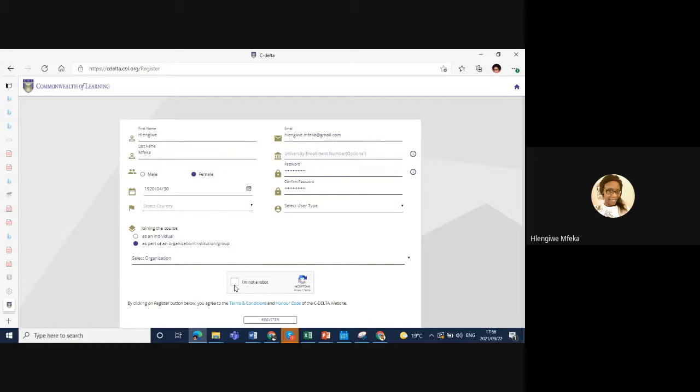And then you click on I'm not a robot and click register. I'm not going to click register because I'm already registered. It will tell me it already exists. So that's how simple you register. Once you click register, you will receive an email to the email address you entered. That email will contain an activation link.